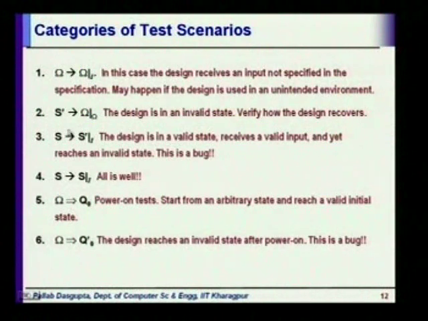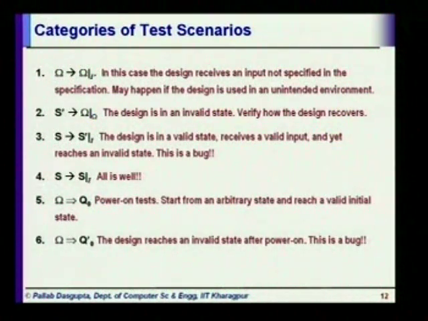The second category of tests was that if we start from an invalid state, whether the design is able to recover from that and enter a valid state. The third category is the set of scenarios in which the design moves from a valid state to an invalid state, even when a valid input has been given.